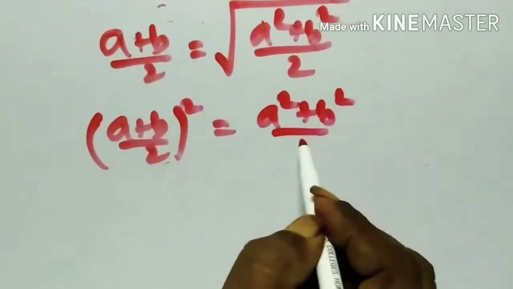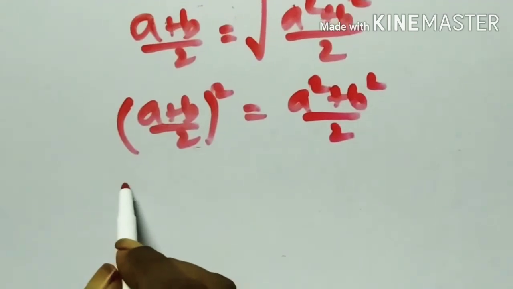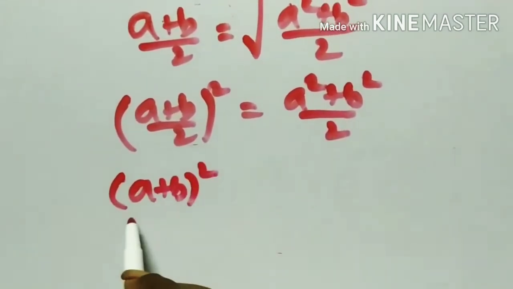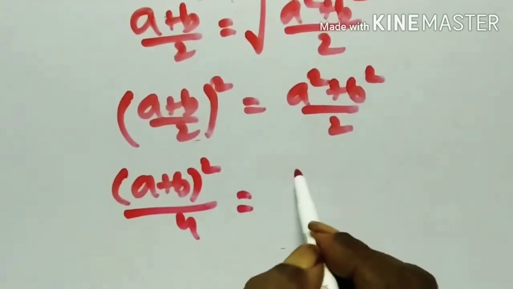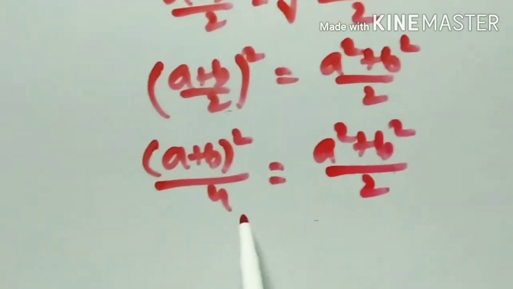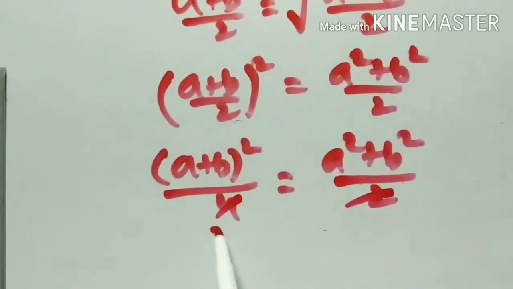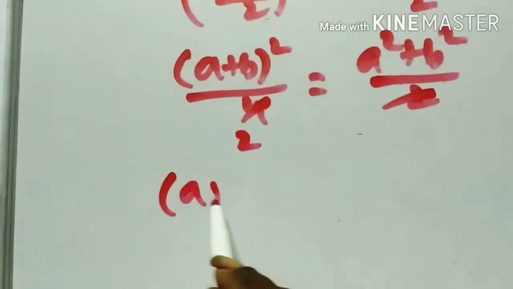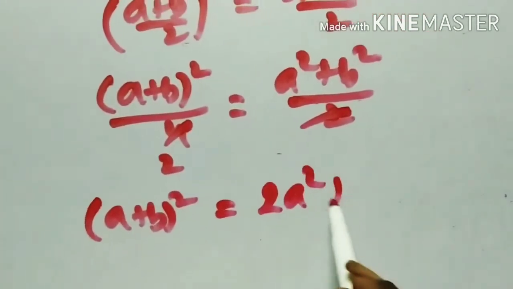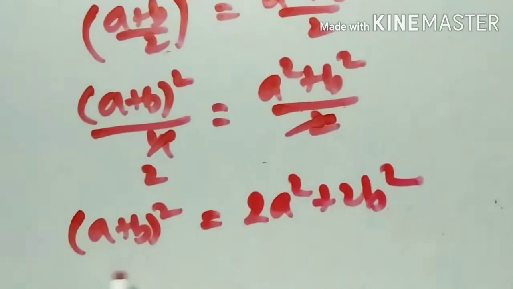So here we get (a plus b) the whole square by 4 is equal to (a square plus b square) by 2. Now this 2 cancels out. So (a plus b) the whole square is equal to 2a square plus 2b square.